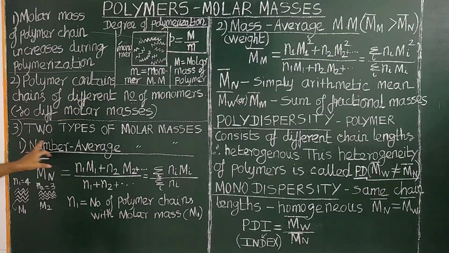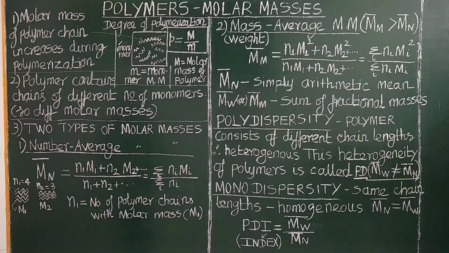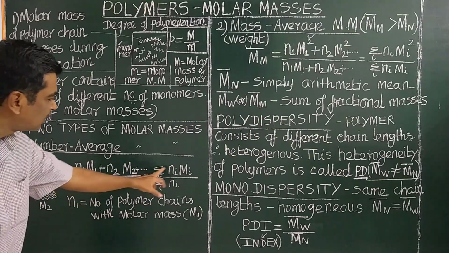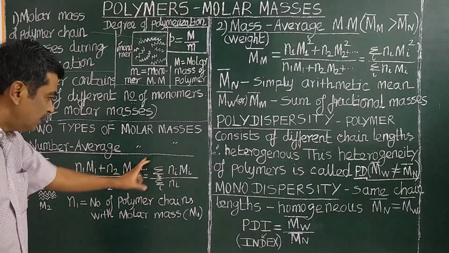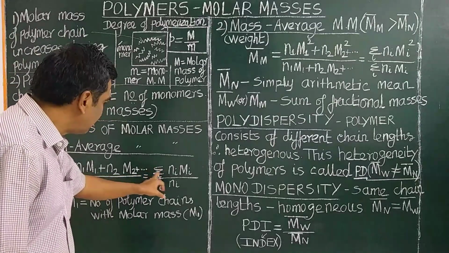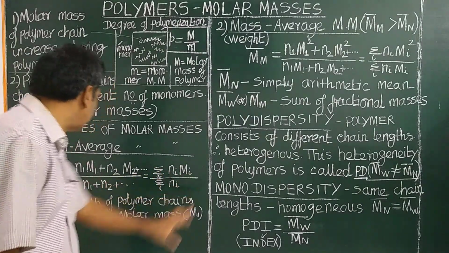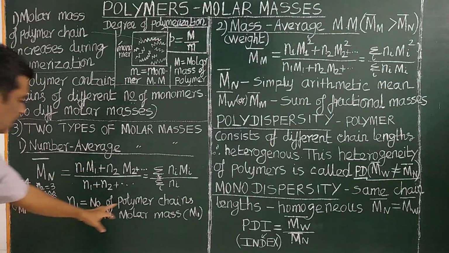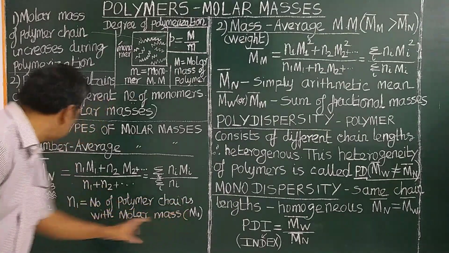Okay. Now what is number average molar mass? How is it calculated? M_n equal to N1 M1 plus N2 M2 plus etc. divided by N1 plus N2 plus etc. It is mathematically written as summation of Ni Mi divided by summation of Ni. Okay. Now what is N1? N1 is the number of polymer chains with the molar mass M1.